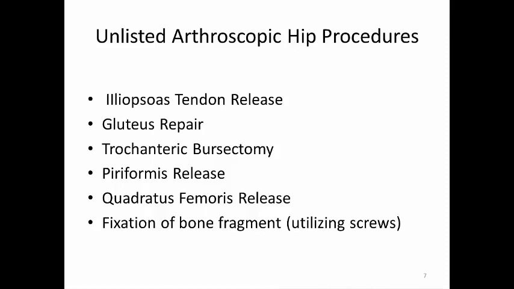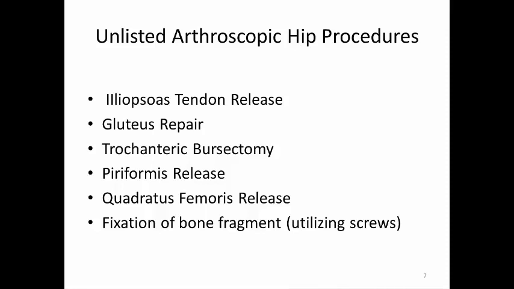So there are several, and I have some of the more common ones listed here that are being currently performed that do not have a CPT code when they are performed arthroscopically. One of the things that I deal with all the time is the surgeon wants to go to the open code and report that in lieu of billing an unlisted code. You should never be using an open code if something's being performed arthroscopically.